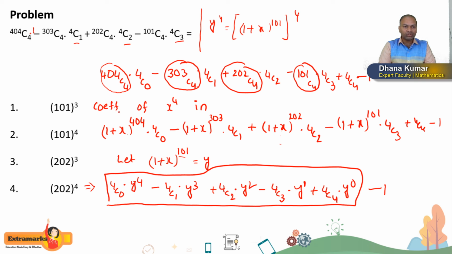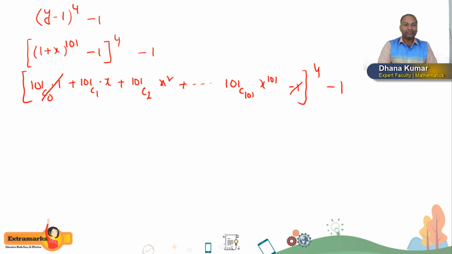Given quotient is equal to coefficient of x power 4, right? So in this expansion we want only coefficient of x power 4. Anyhow here power 4 is there. So if you are taking this part, automatically x power 4 we can get. Correct or not? Apart from this, anything if you are taking, we won't get x power 4.